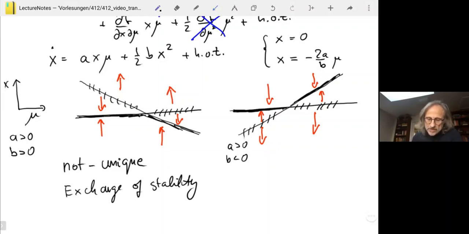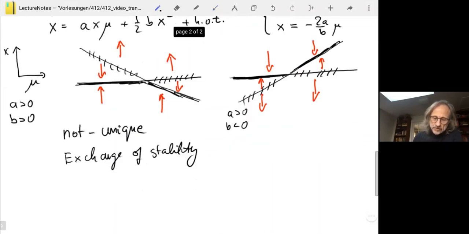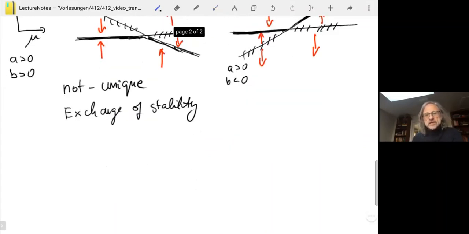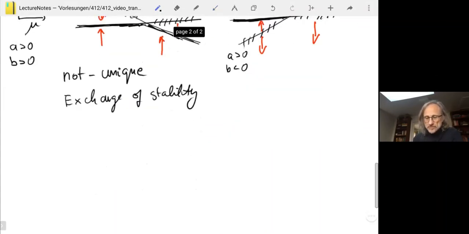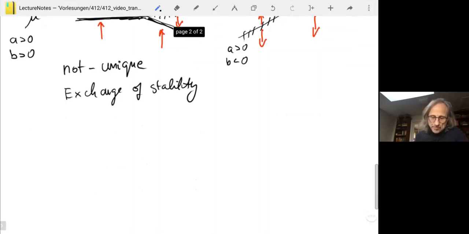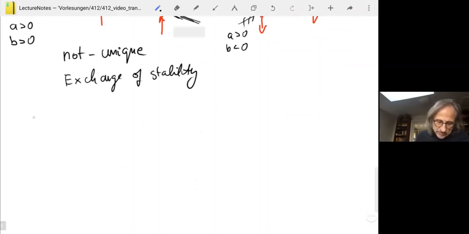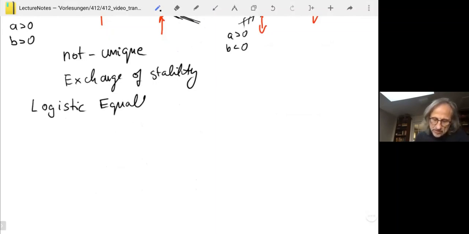Let me mention one example that you're familiar with, although you may not have recognized it as a transcritical bifurcation, which is the logistic equation. Of course, you have seen the logistic equation for population growth a long time ago, in beginning differential equations.